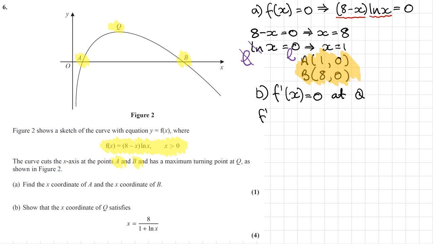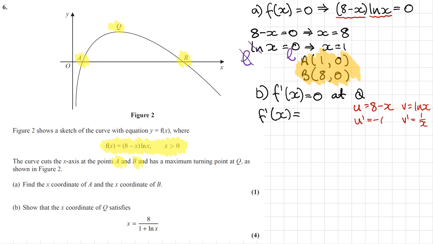So since I've got a product, I'm going to use the product rule. I will set u as 8 minus x and v as log x. That means du dx, or u dash, is negative 1, and dv dx, or v dash, is 1 over x.